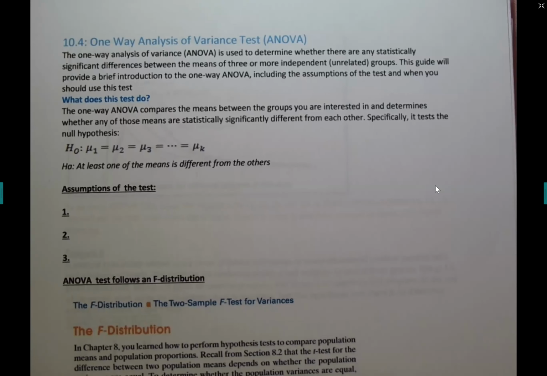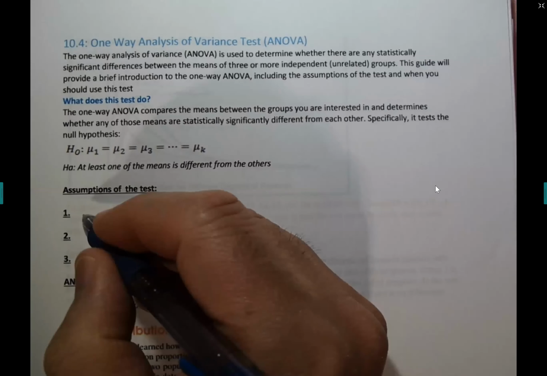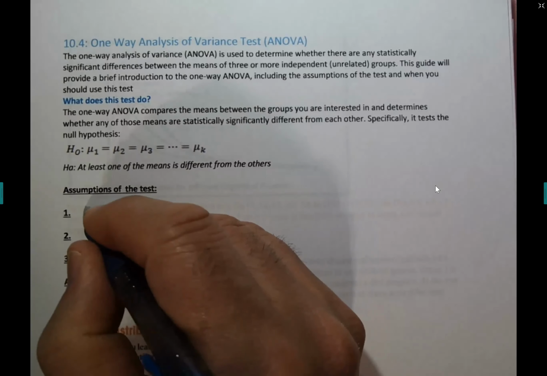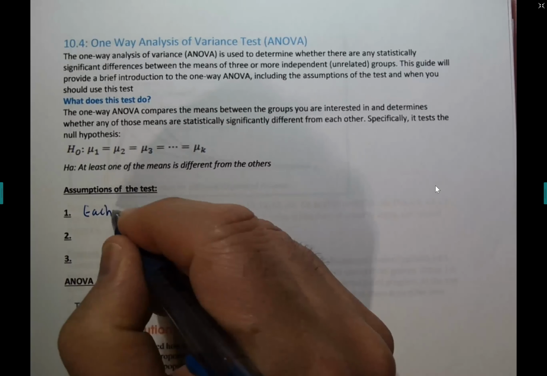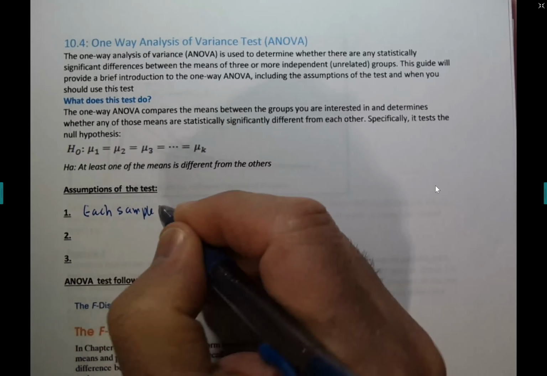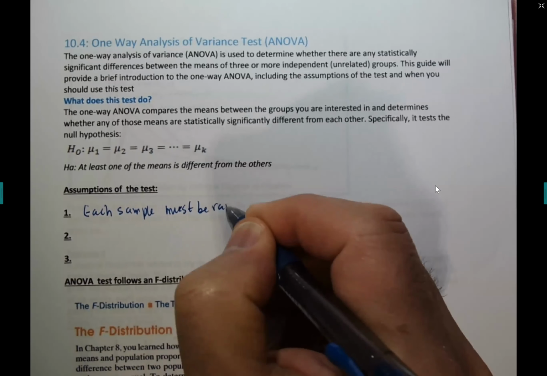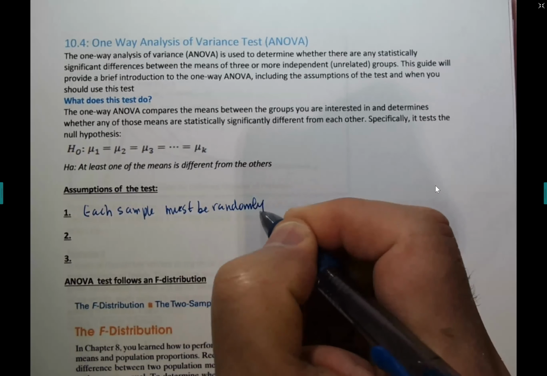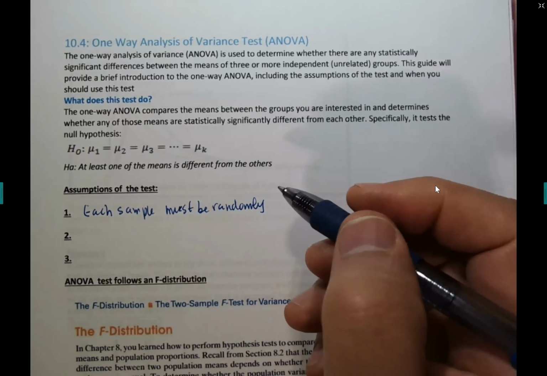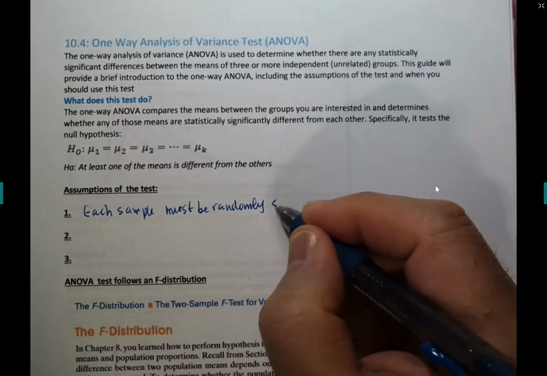Okay. Assumptions of the test. Once I ask you to perform the test, guys, you don't need to verify the assumptions, but this is what we usually check for. Each sample must be randomly selected from a normal population.